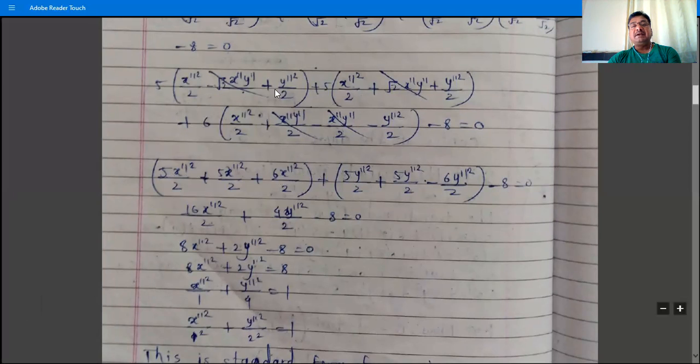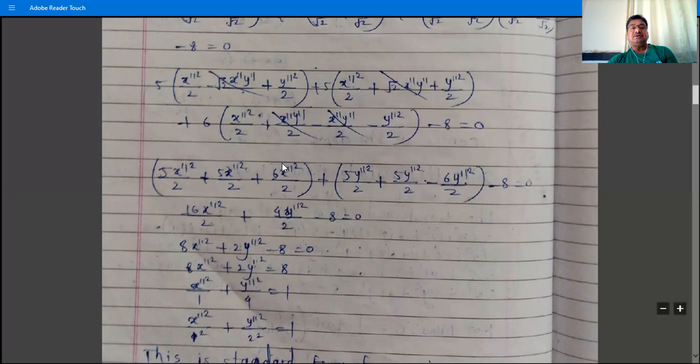So what is the answer? 5 y double dash square by 2, then 5 y double dash square by 2, and minus 6 y double dash square by 2, minus 8 is equal to 0.